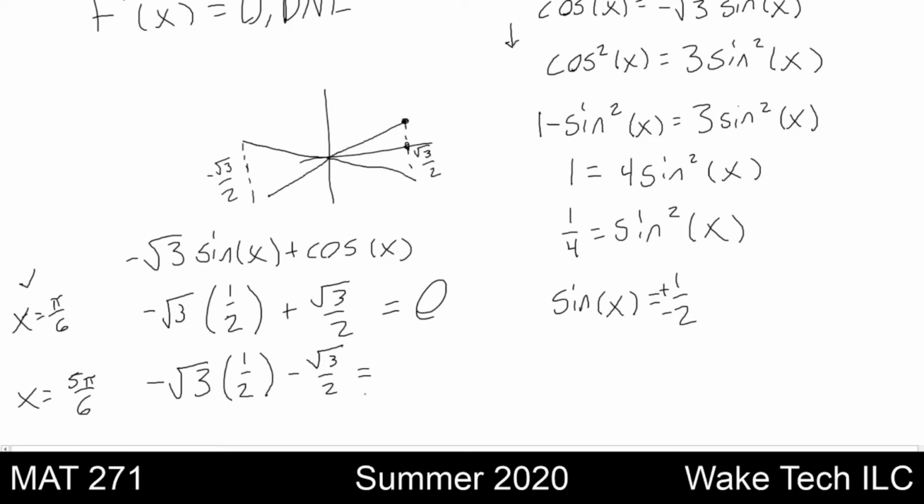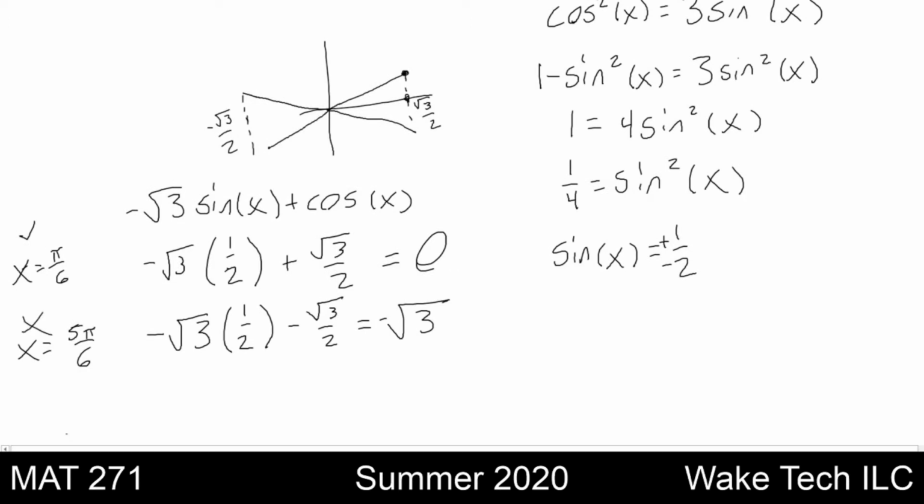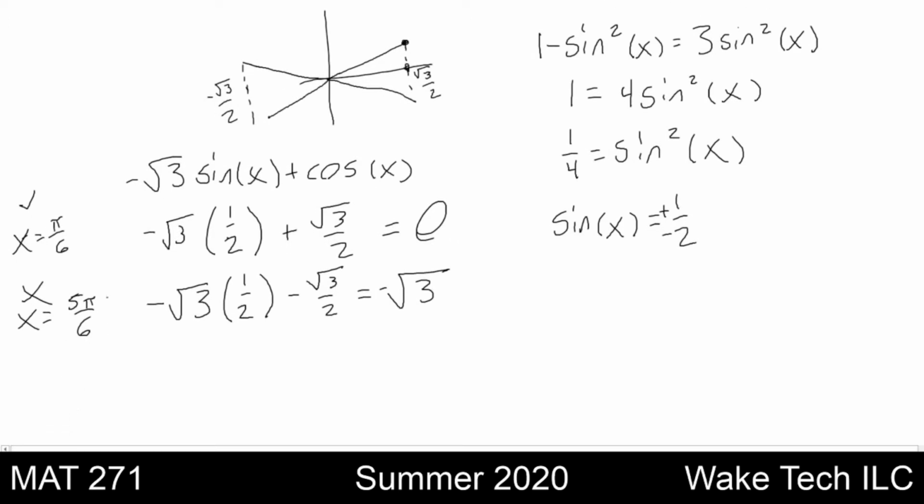And this unfortunately does not equal 0, it equals just the square root of 3 with a negative in front. So this one does not work. And you can keep going down the list here. You might even be able to see a pattern already. You notice that these just have to be opposites, so there are only 2 points that work for us, which is pi over 6 and 7 pi over 6.